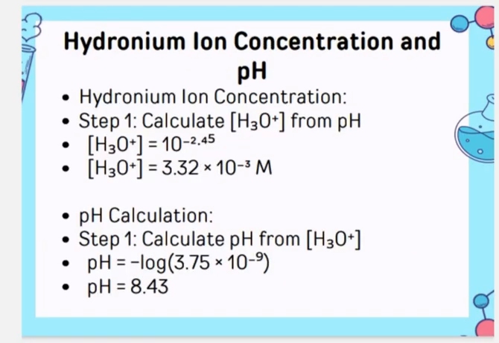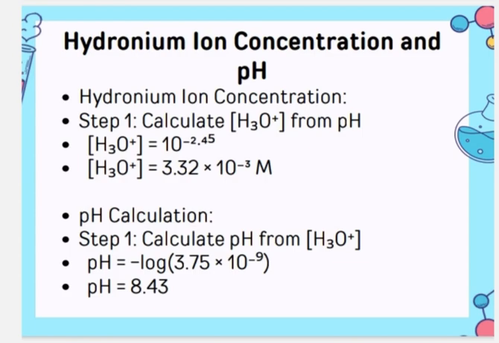Next, we will go to hydronium ion concentration and pH. When you know the pH of a solution, you can find out how many hydronium ions, H3O+, are present using a formula. The concentration of these ions tells you how acidic or basic the solution is. Step 1. How to calculate hydronium ion concentration H3O+ from pH.